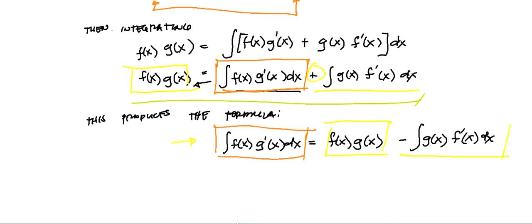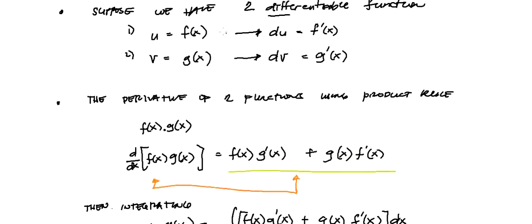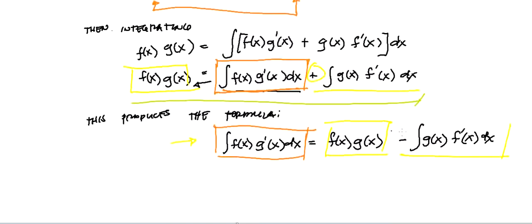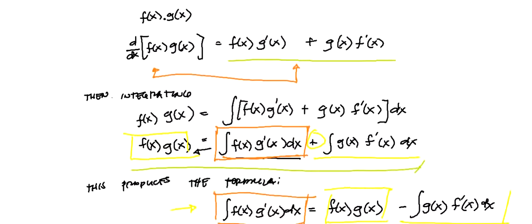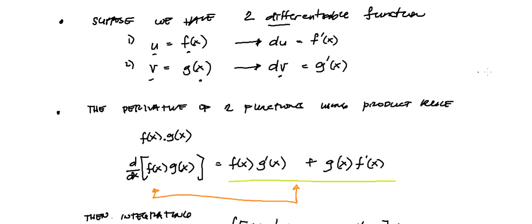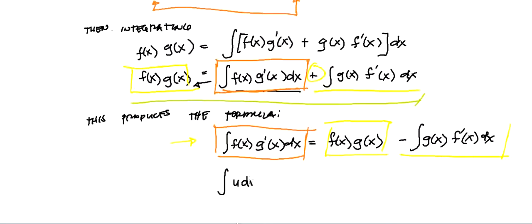We can also rewrite this using our designated letters, wherein f of x is just u and g of x is just v, to simplify our formula. So the integral of f of x, which is u, and g prime of x, which is dv, the derivative of v, so u dv is equal to u v minus the integral of g of x, which is v, then f prime of x, which is du.